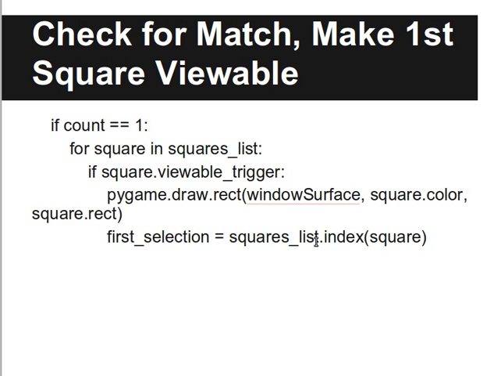I'm using the squares list and taking the index of that particular square. So if it's the 4th square in the row, 4 across, in that upper right-hand corner, the index number will be 3, and the first selection that is clicked is 3.